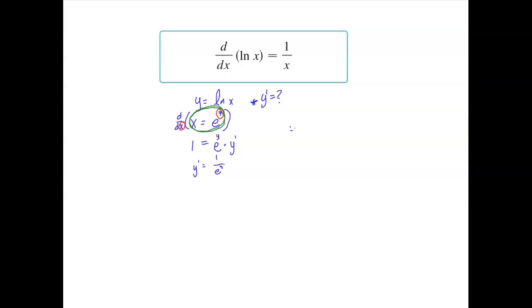So really what I have is that y prime equals 1 over x, which is exactly what we said the derivative should be. All right, I'll come back and redo that proof once we learn the chain rule, and it'll make a lot more sense. Or at least this one step here will make more sense. But yeah, derivative of natural log x is 1 over x.